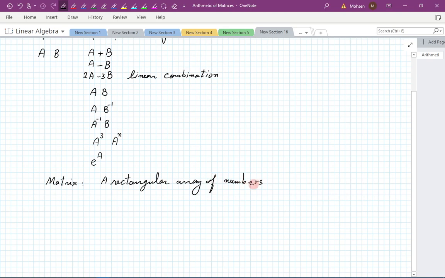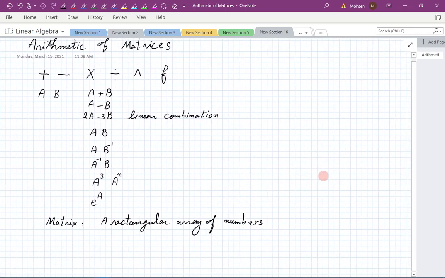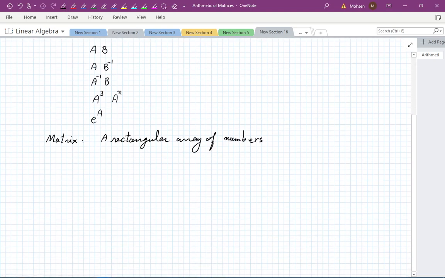Well, this definition really doesn't do justice because this rectangular array reminds us of some sort of shoebox where you put the numbers in some locations and such. A matrix is a lot more than that. A matrix essentially shows itself through these operations that we are going to talk about. But let's wait and see how that's going to work out.